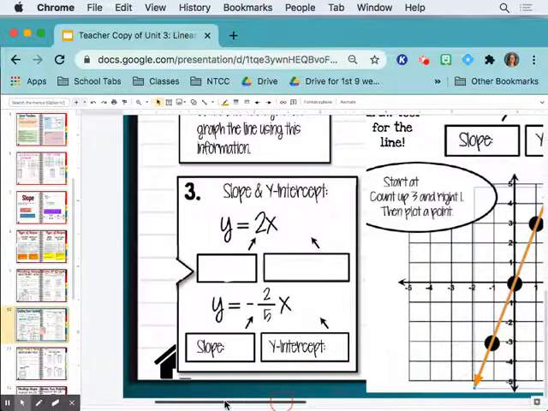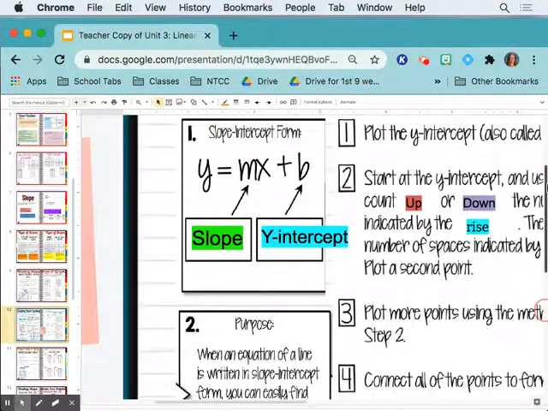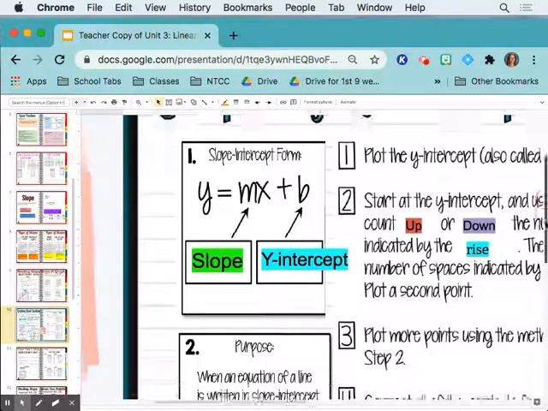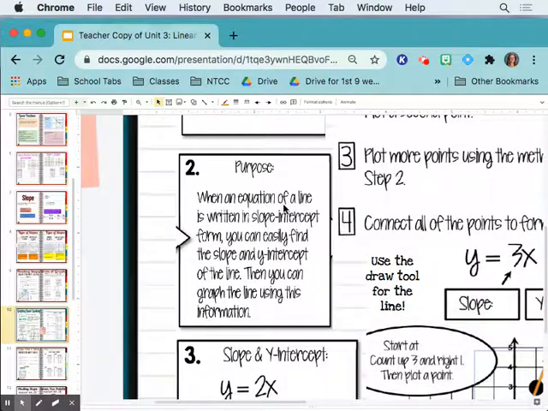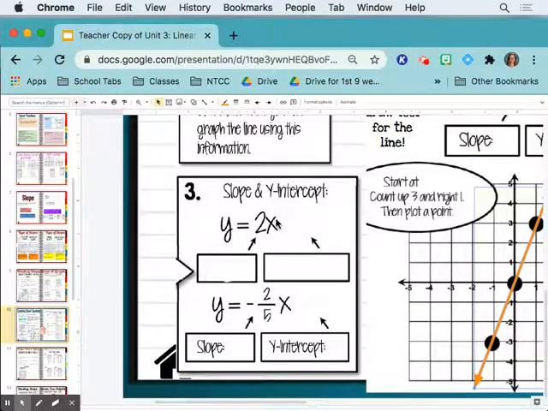Okay. So let's go over to the left side and finish the notes. So we have y equals mx plus b. We have a slope and y-intercept. When an equation of a line is written in slope-intercept form, you can easily find the slope and y-intercept of the line. Then you can graph the line using this information. So we have this y equals 2x.